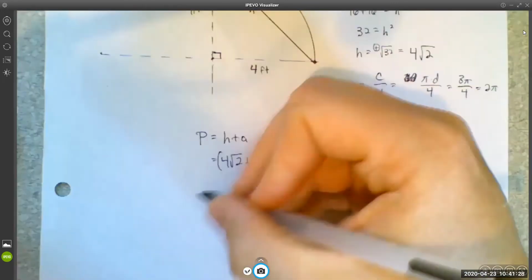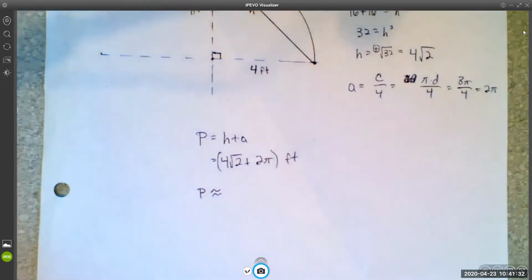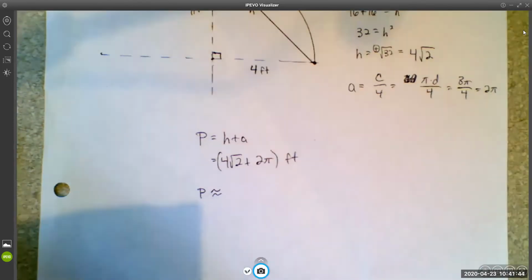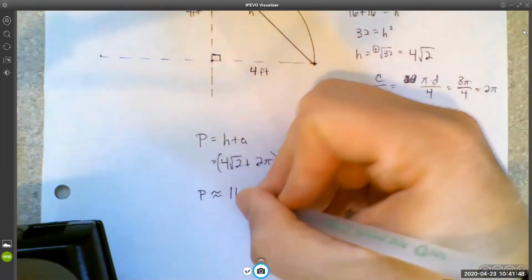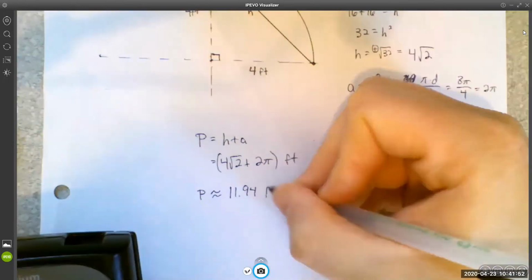If we want an approximation now, we can plug this into our calculators. So I have 4 times square root of 2 plus 2 pi, and that comes out to about 11.94 feet.